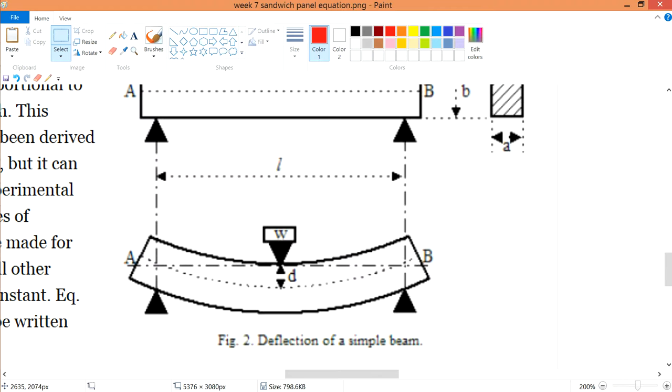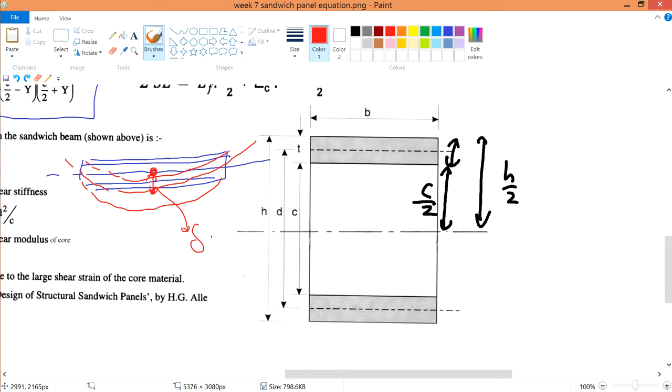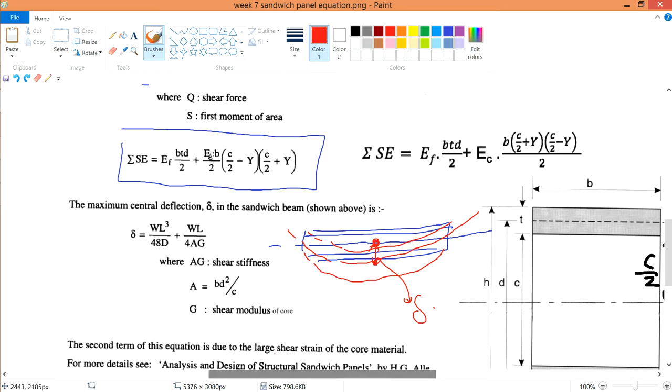Okay, hopefully this is pretty clear. So the deflection is over here, this neutral axis against this thing, at the middle point. So this is the central deflection, which is also the highest deflection of your beam, because you are applying the force at the middle part. So at the middle part, it is the highest deflection.